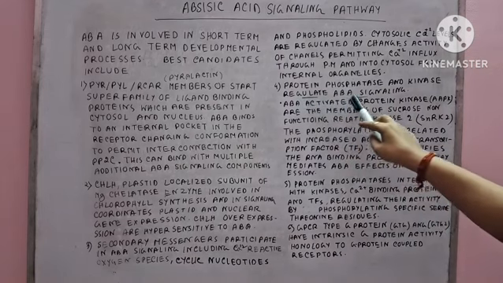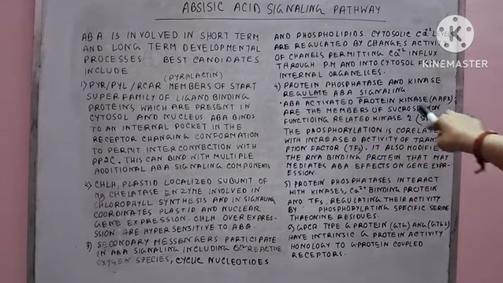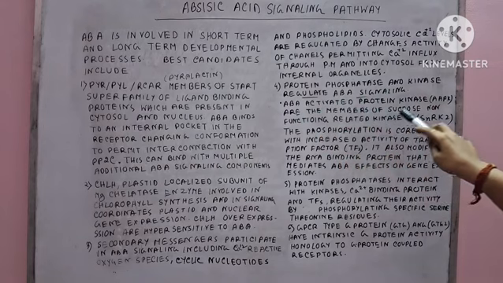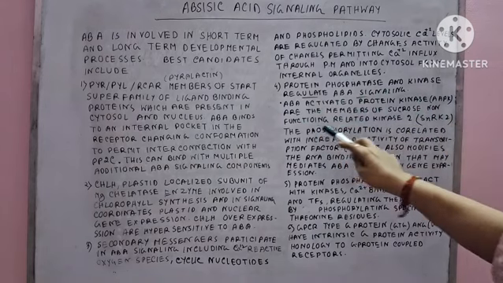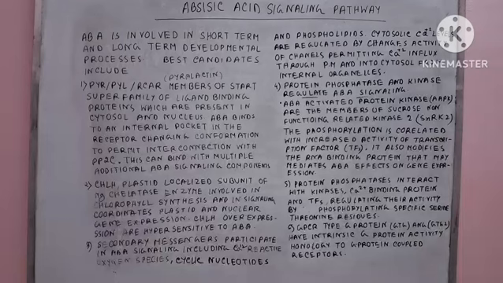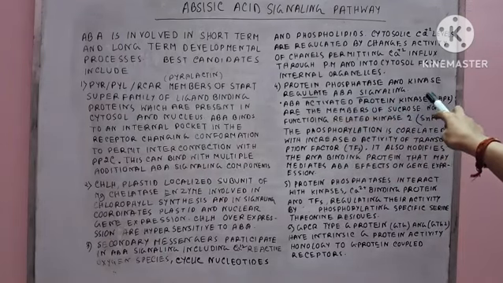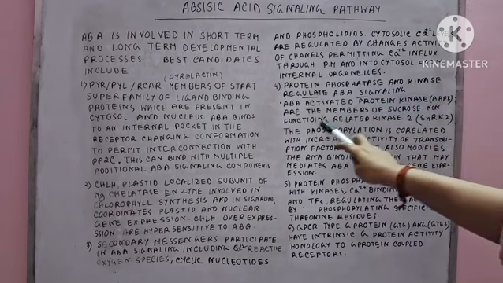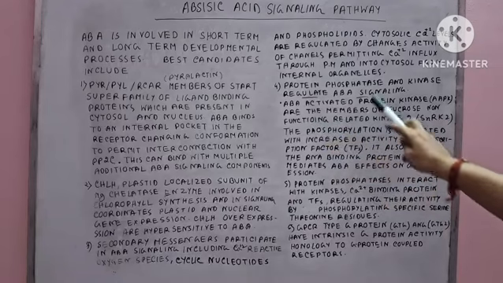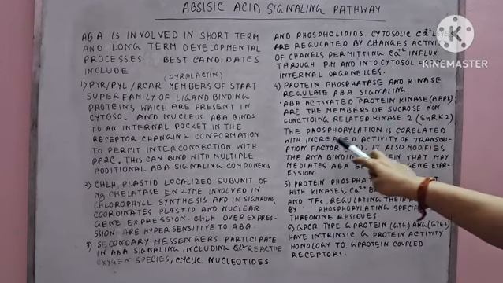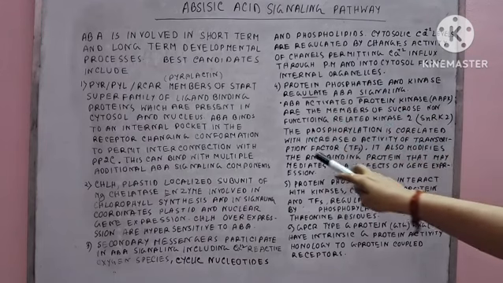Now, the ABA activated protein kinase, shortly known as AAPK, is a member of the sucrose non-fermenting related kinase 2 family. And phosphorylation is correlated with increased activity of transcription factors.